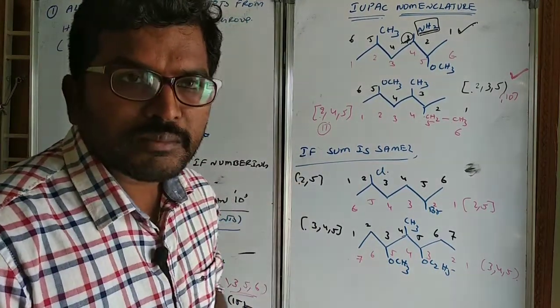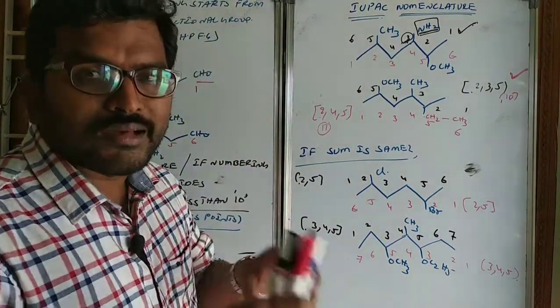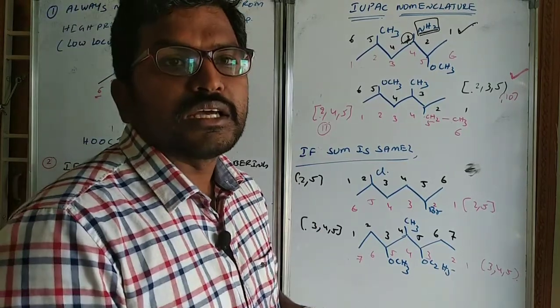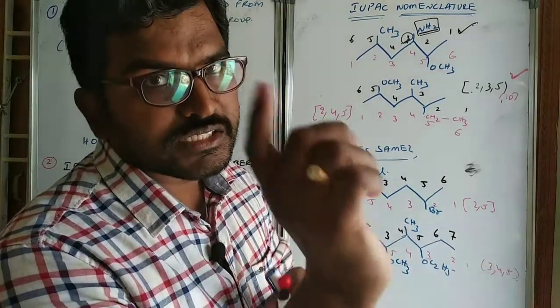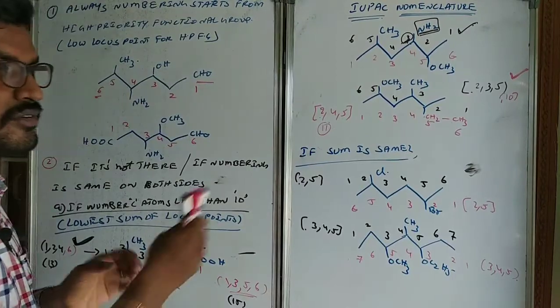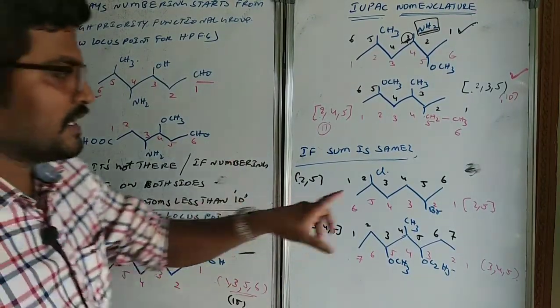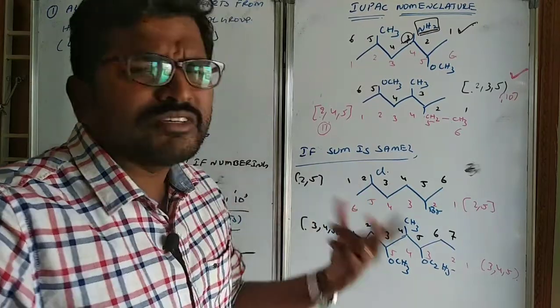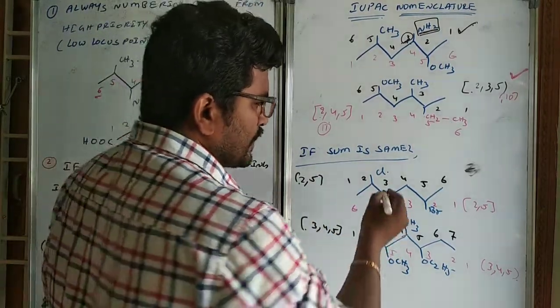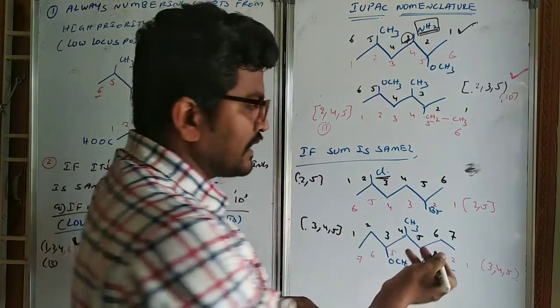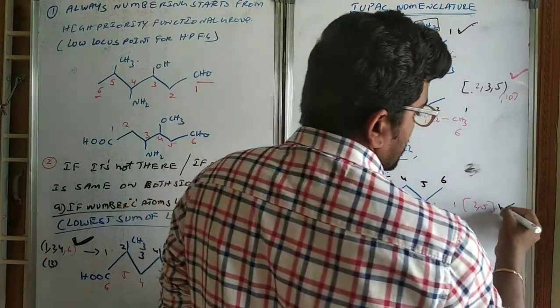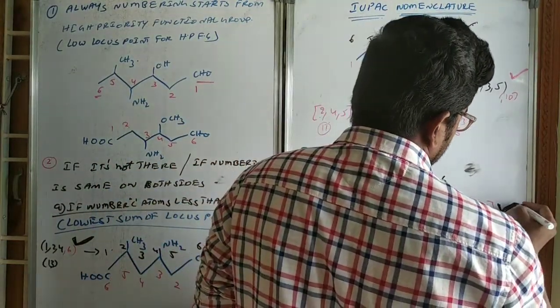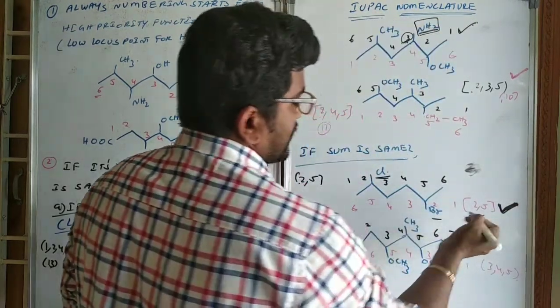When numbering is coming the same, you have to number in such a way that alphabetical order gets the first priority. Here chlorine, 2 chloro, 2 bromo. Which gets first priority? Chlorine comes later in alphabetical order. Bromine comes first in alphabetical order. So this is the priority.